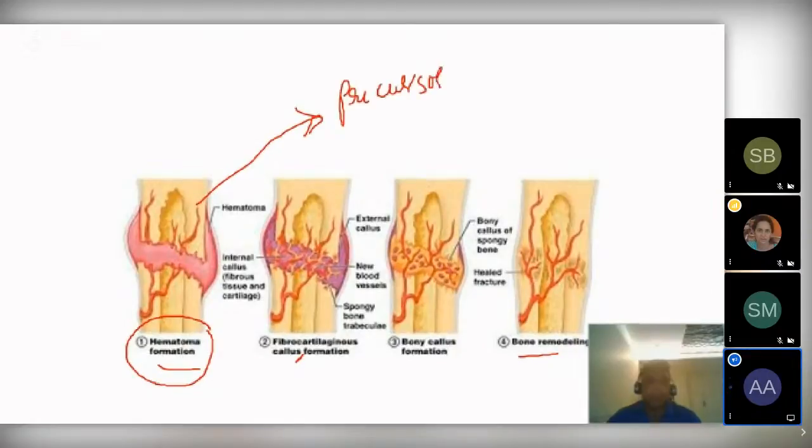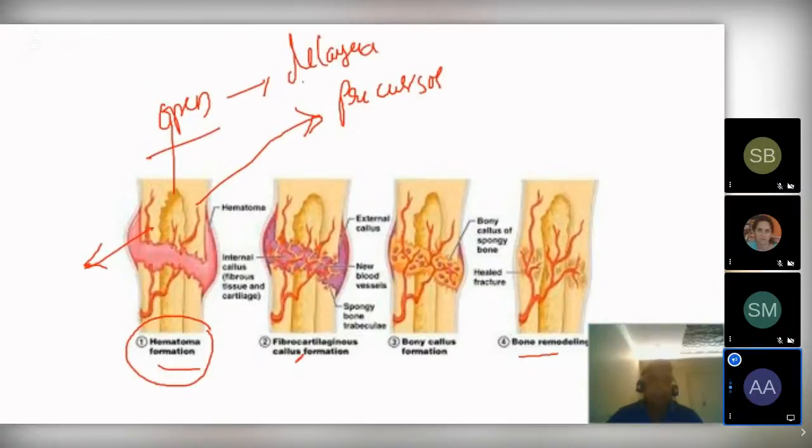That's why in open fractures, the hematoma gets drained out completely, and that's why open fractures have delayed healing. Closed fractures heal quickly. Open fractures heal slowly, or there is a chance of non-union, because the hematoma is lost.